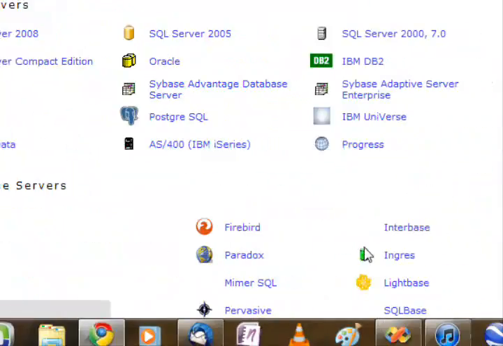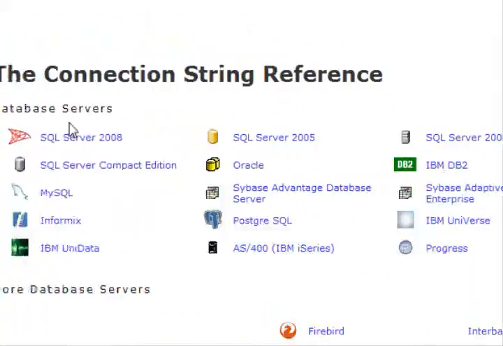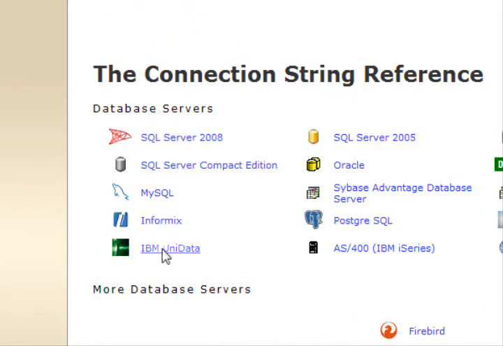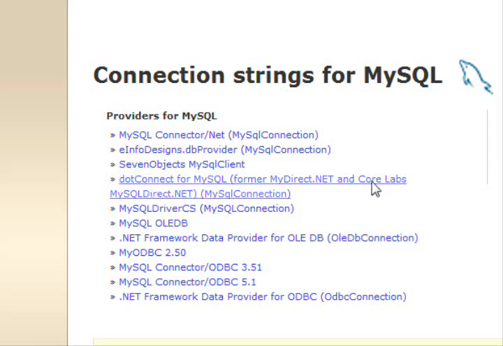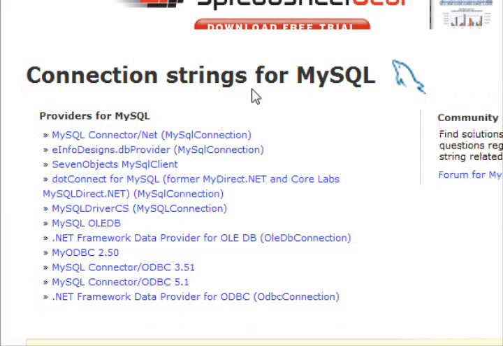Here you can select any database, and let's say you want to access MySQL database, you just click on that. My connection is a little bit slow, but you get the idea here.